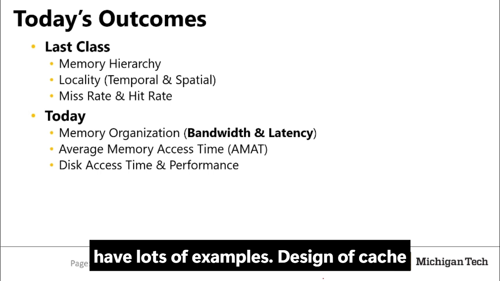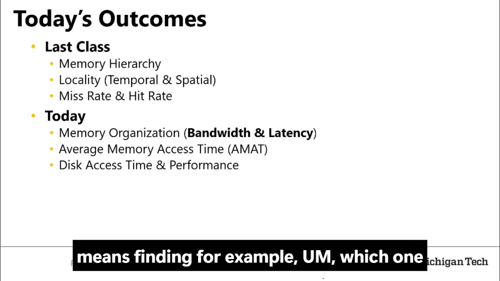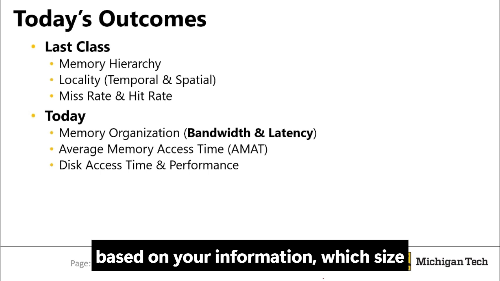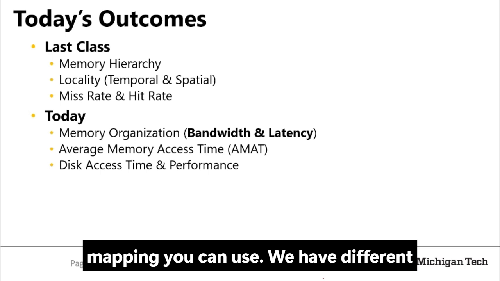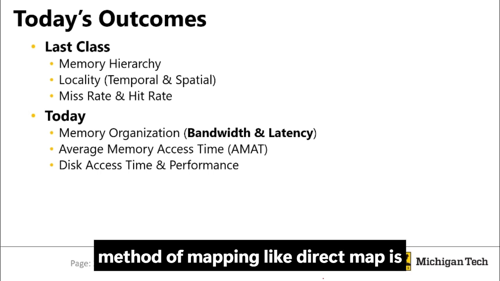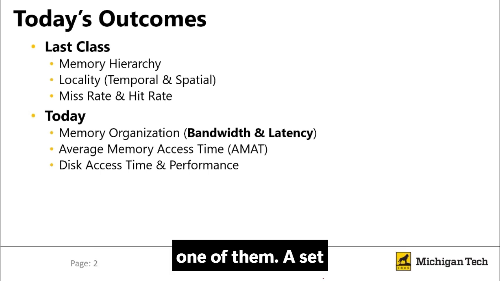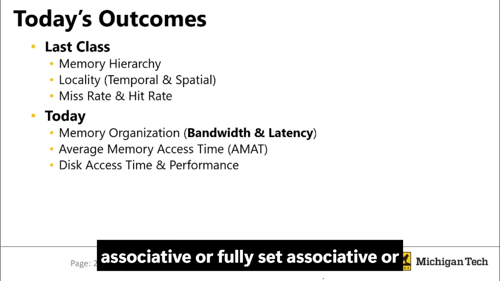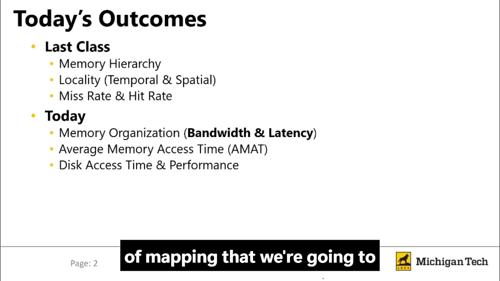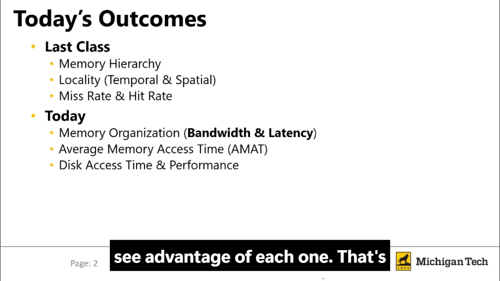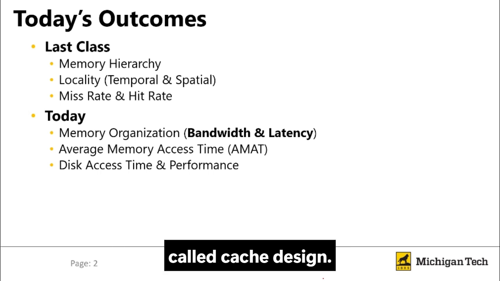Design of cache means finding, based on your information, which size cache you can use, which method of mapping you can use. We have different methods of mapping, like direct map, set associative, fully associative, or n-way set associative. Those are all methods of mapping, and we're going to see the advantages of each one. That's called cache design.